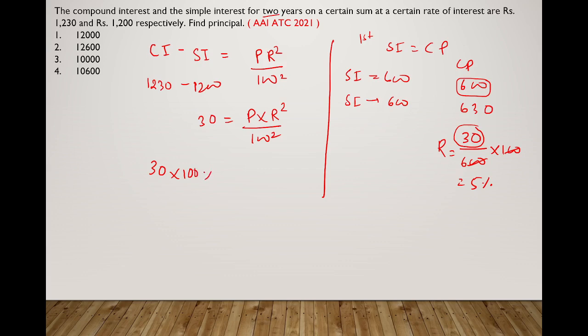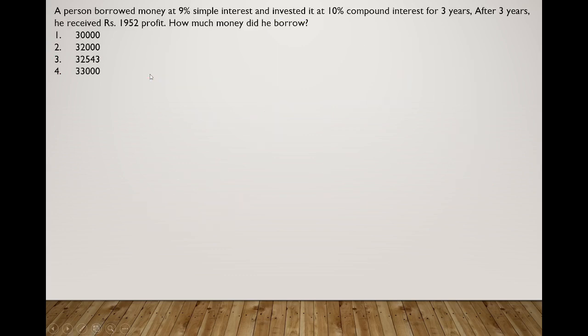This is 100 into 100, and P into 5 to the power square is 25. So this becomes the principal, and this option is the right option. Let's go to the next.